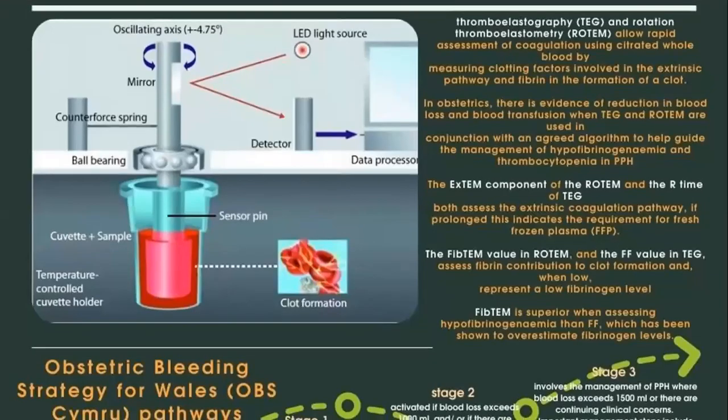Okay, the talk article also mentioned something about thromboelastography. Thromboelastography or thromboelastometry is a method that allows rapid assessment of coagulation using whole blood. How?